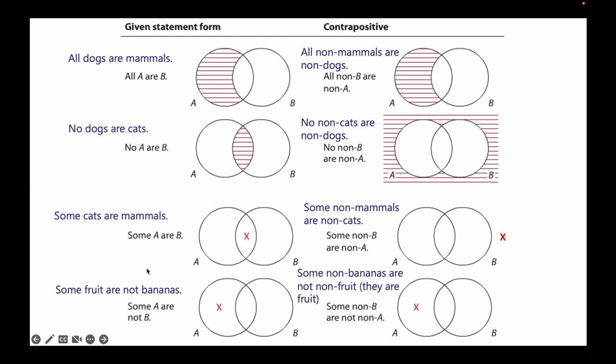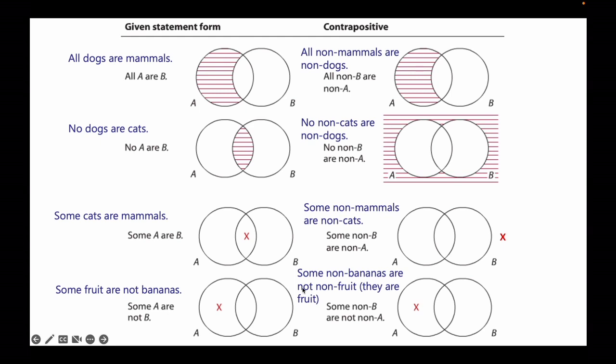And the last one preserves the truth value of the original in a contrapositive. Because some fruit are not bananas is logically equivalent to some things that are not bananas, non-bananas, are not things that are not fruit.